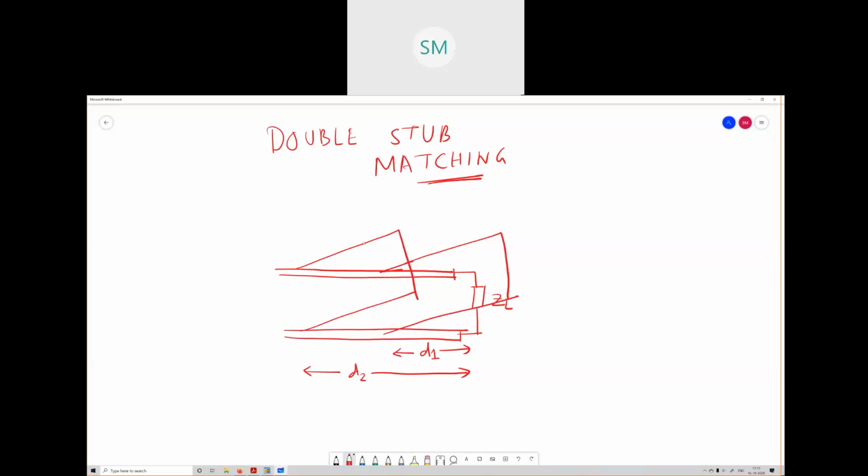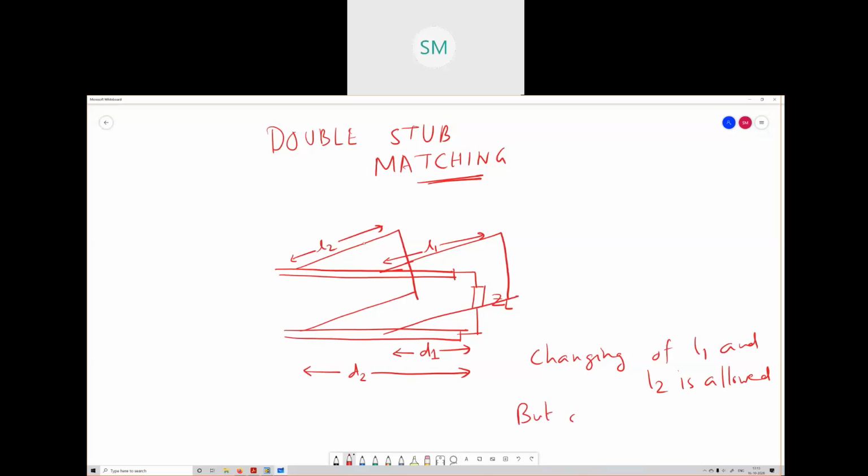The positions where we are putting the stubs is fixed. We cannot change them. What we are allowed to change? We are allowed to change the lengths of the stub. This length is L1 and this length is L2. Changing of L1 and L2 is allowed.